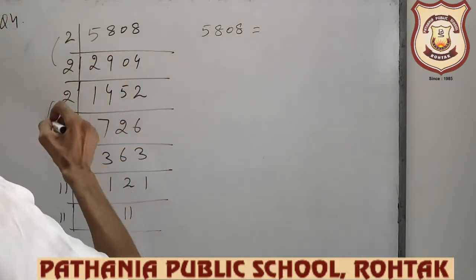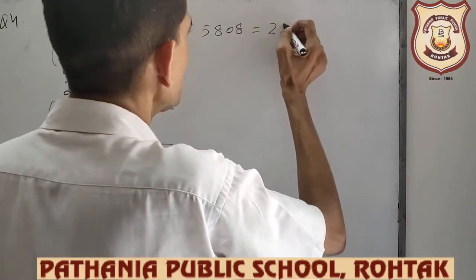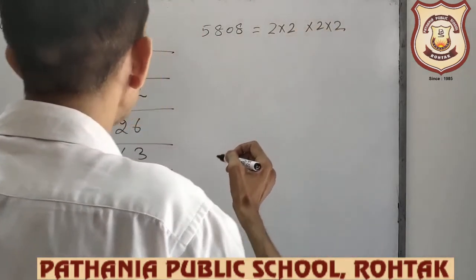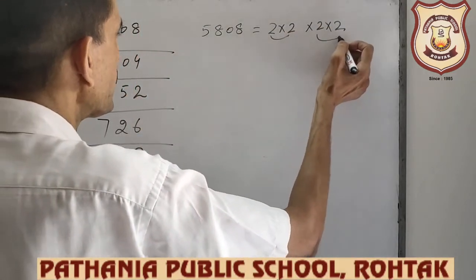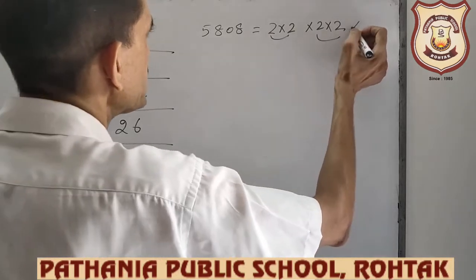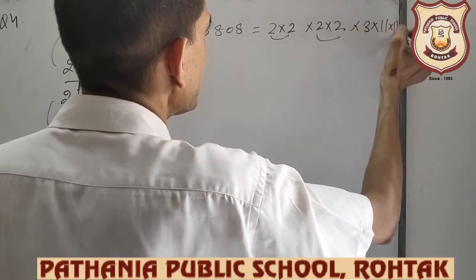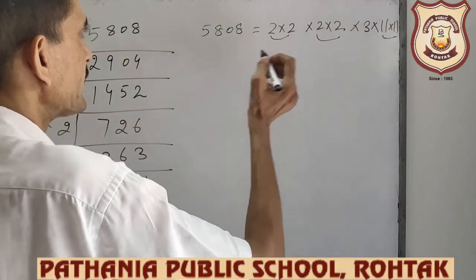2 into 2, 2 into 2, 3 is left. 2 into 2, 2 into 2, one pair of 2, another pair of 2, very good, into 3, into 11 into 11. So a pair of 11 is there, a pair of 2 is there, another pair of 2 is there. What is left?